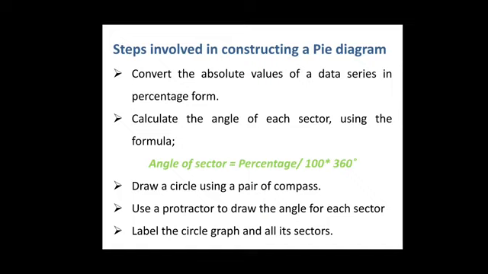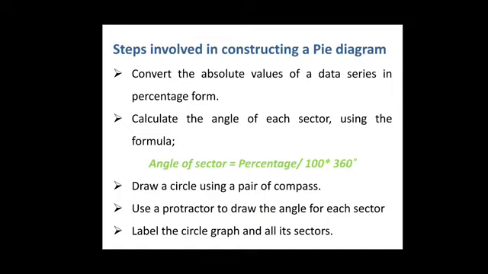The second step is to calculate the angle of each slice or each sector. Dear students, within a circle, we can draw 4 angles of 90 degrees each. Hence, a circle comprises 360 degrees. That is 4 into 90.